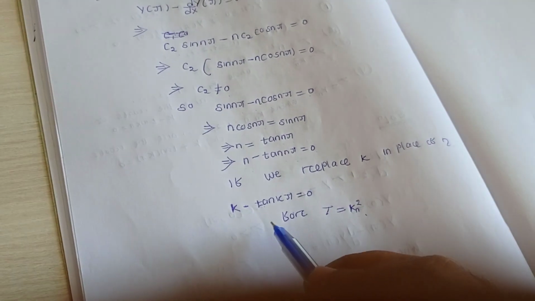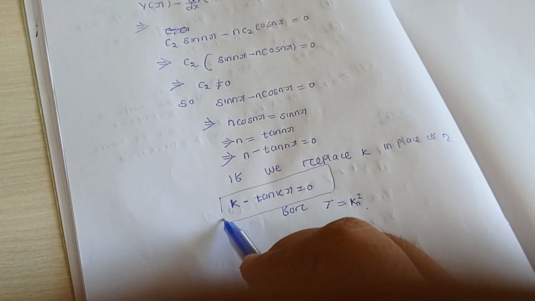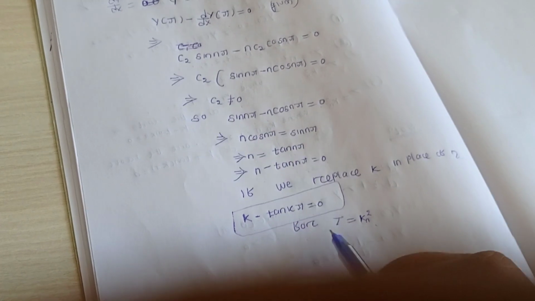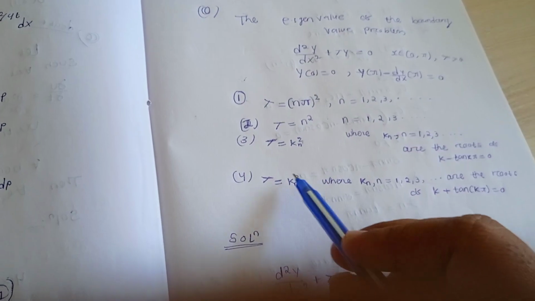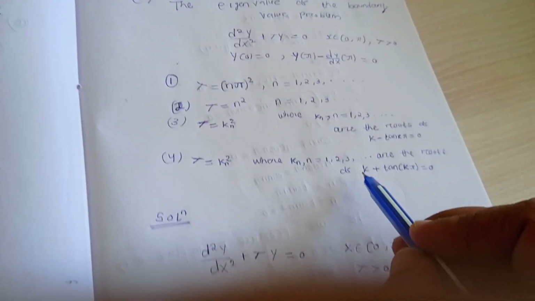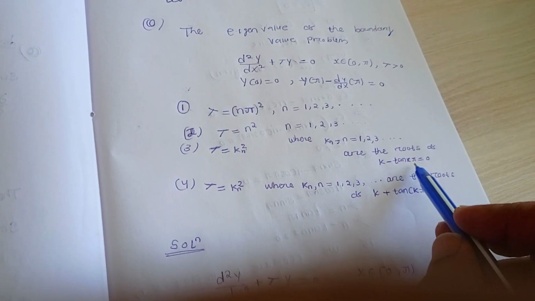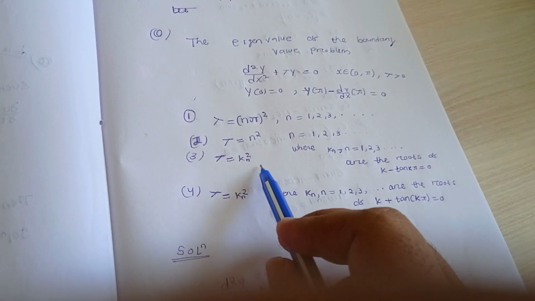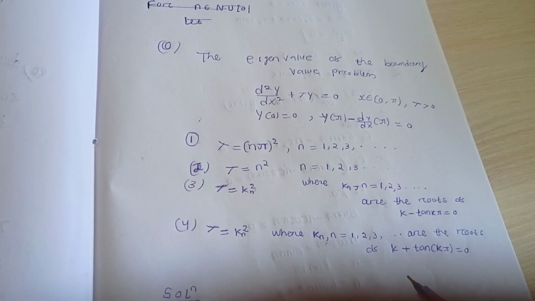So this is our main part, that is k minus tan k pi equal to 0 for lambda equal to kn square. Here in the options we check where it matches. So in option 3 we get k minus tan k pi equal to 0, and for lambda equal to kn square. So option 3 is correct.